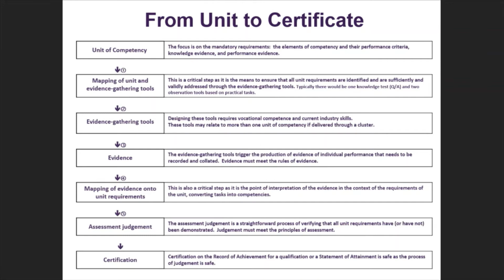What are the mandatory requirements? And in particular, the elements of competency and their performance criteria, knowledge evidence and performance evidence. But don't forget that if there are foundation skills listed, they are mandatory requirements. And there might also be mandatory requirements in terms of assessment context, such as assessment in the workplace or the use of simulation specified in the assessment conditions.